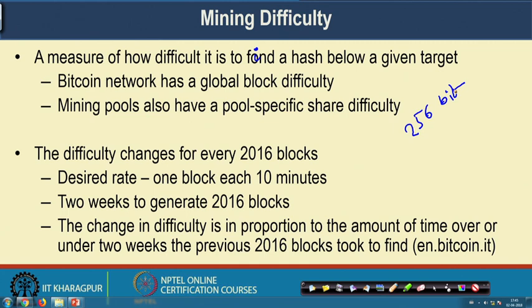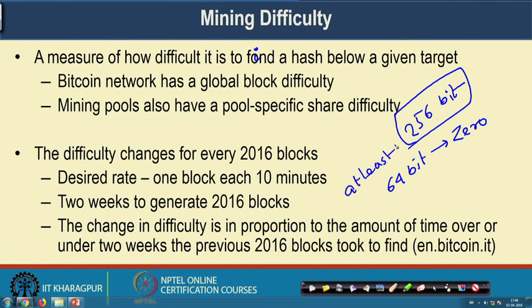The difficulty is represented in this way: out of this 256 bit hash, at least the first 64 bits should be 0.